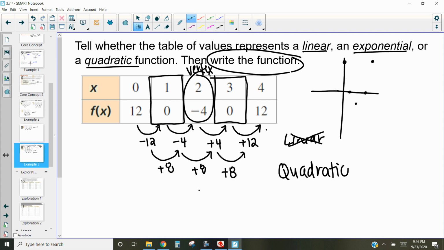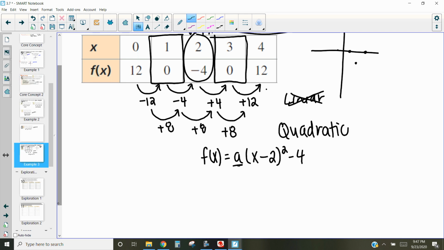So I kind of have two options on how I want to write this. To me, one of the ways that we can do it is if we're given our vertex, let's do it using vertex form. That makes it super easy. So vertex form, remember, is going to be f of x equals a times x minus our x value, so x minus 2 squared, minus 4. Now I need to figure out what this a is. The easiest way to figure out that a is to use another point and solve for a.